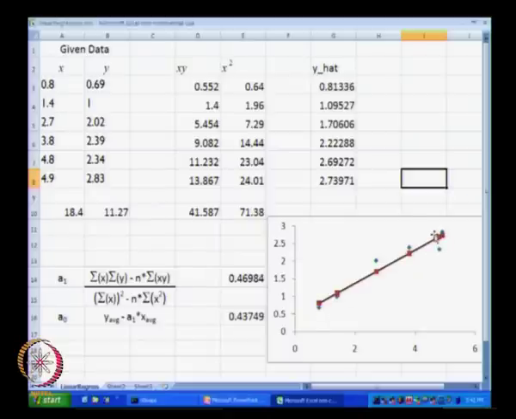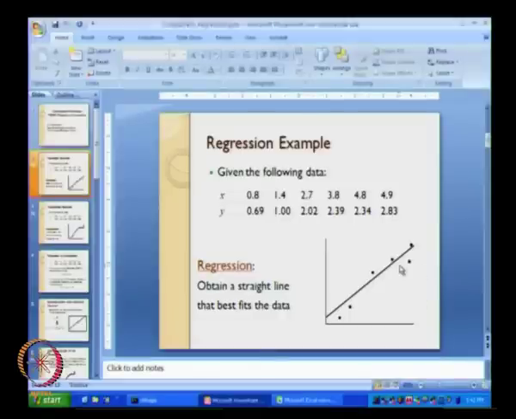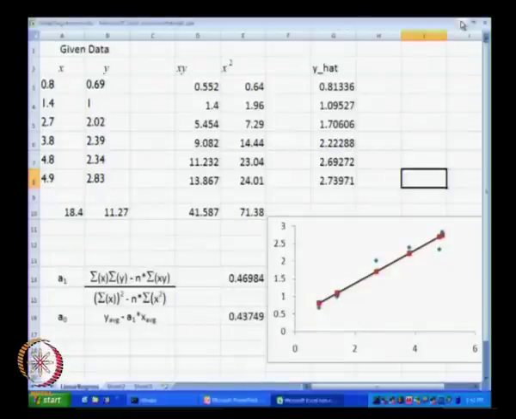So this is the best fit straight line we get, which best fits the 6 data points that we had over here. I had already done that before, and this was the best fit line that I had obtained. So this is how you are going to do your linear regression in a single variable.